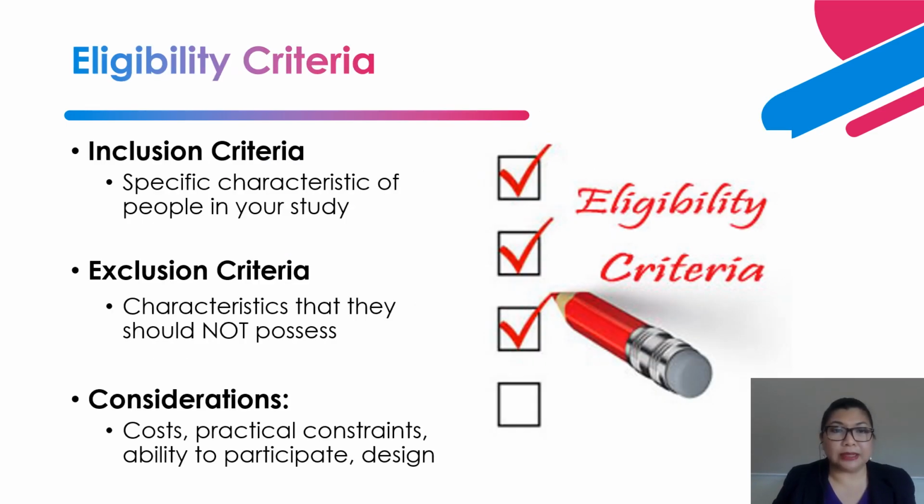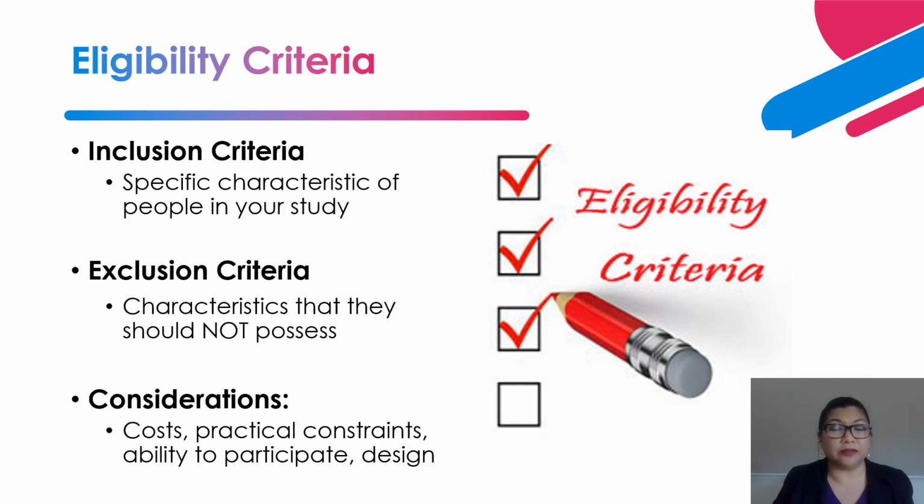Eligibility criteria is when you have a research study, especially in quantitative research, you have to make sure you are very clear about who the people you should be including in your study. Most people would state their inclusion criteria, making very clear the specific characteristics of people in your study. Sometimes others would also state the exclusion criteria.